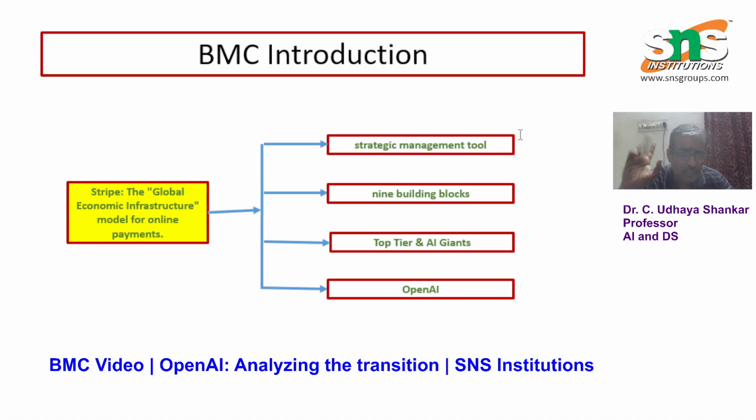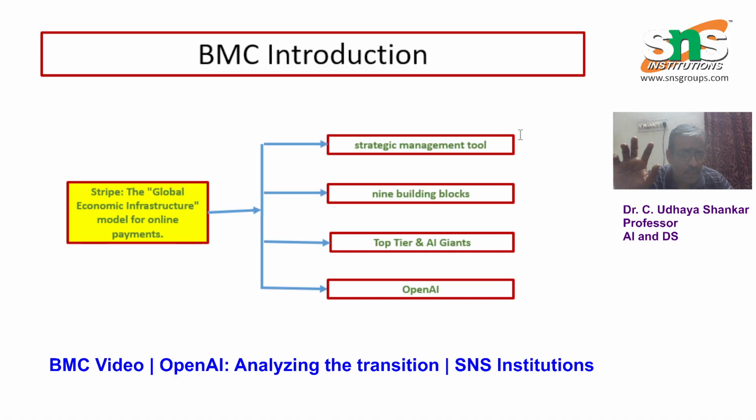The first one is key partners, the second is key activities, the third is key resources, the fourth is value proposition, the fifth is customer relationships, the sixth is channels, the seventh is customer segments, the eighth is cost structure, and finally we have revenue streams. So these are the 9 building blocks in the business model Canvas.